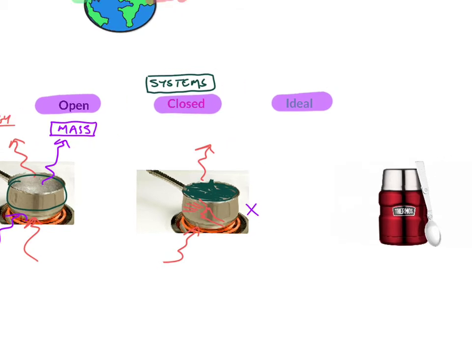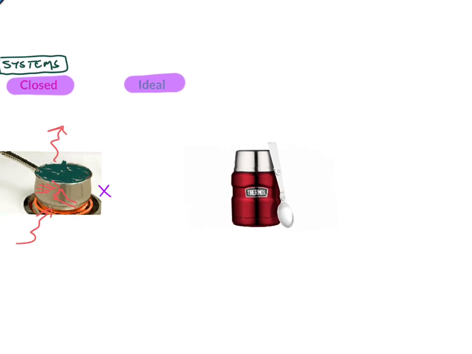So the final type of system that we're going to talk about is an ideal system. Now we're going to, in future lessons, talk about bomb calorimeters and so on, but we're just going to use a very simple example to talk about that. In an ideal system, mass and energy are not allowed to leave the system. So if we think about it, energy is not allowed to come and go in that system.